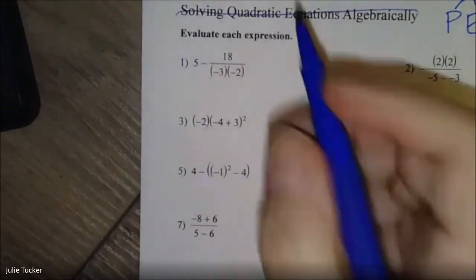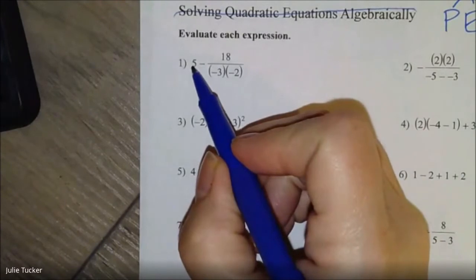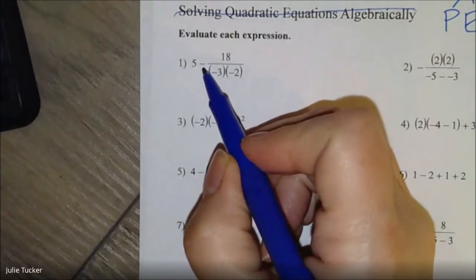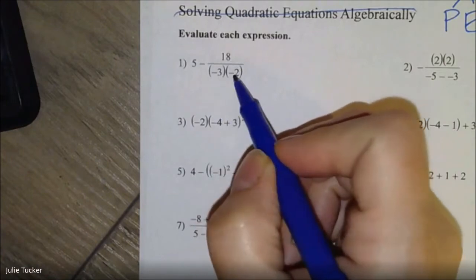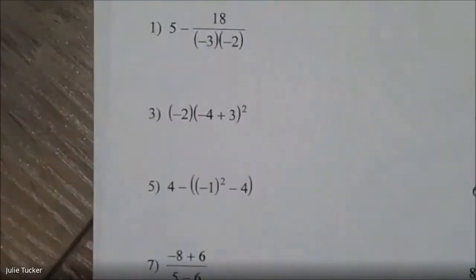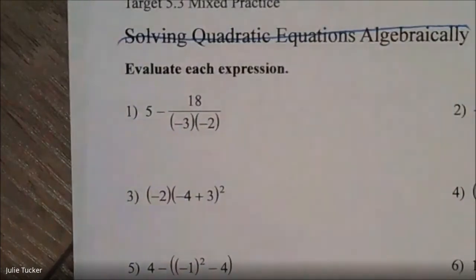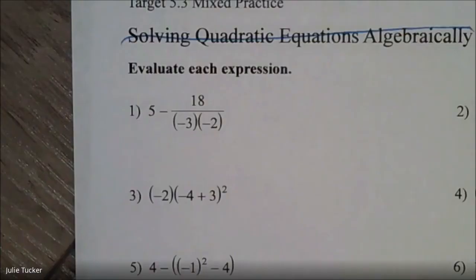So this first problem says 5 minus 18 over -3 times -2. So I'm going to zoom in a little. There we go. So you remember this? Yeah.